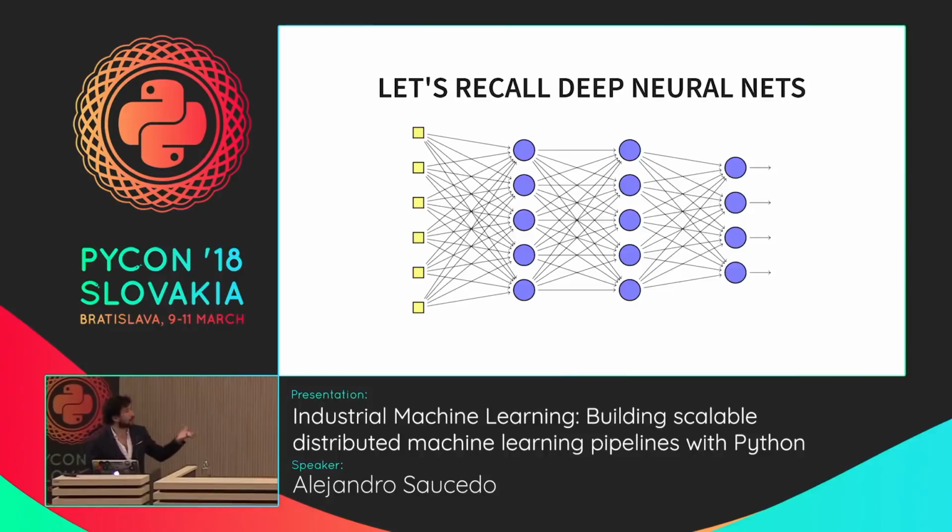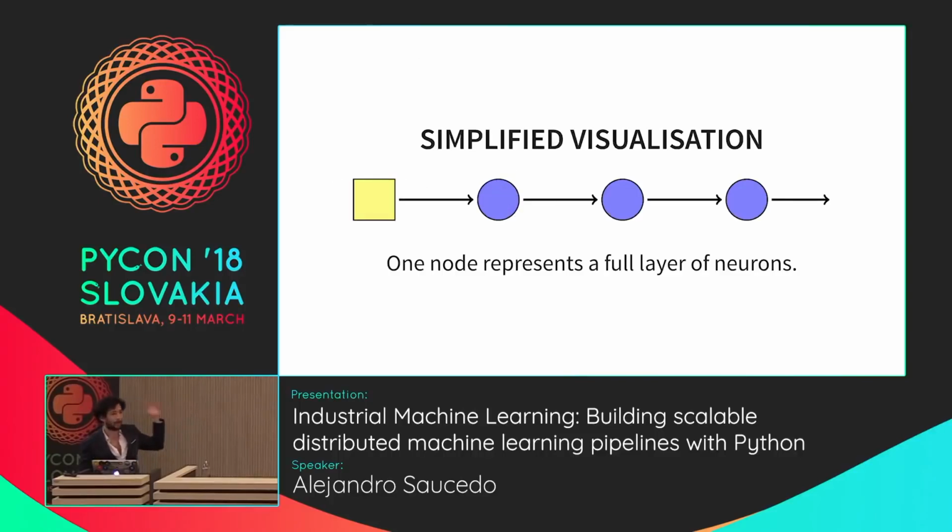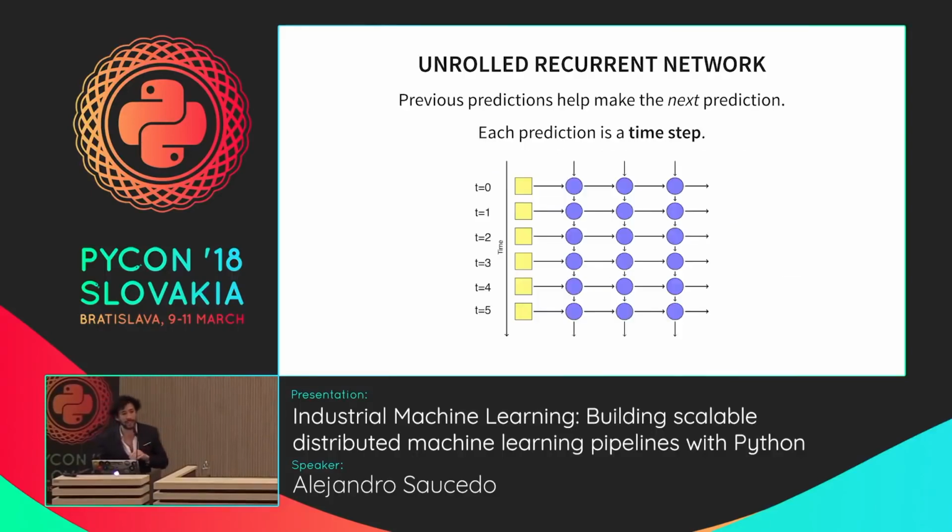And let's recall the diagram that I showed for the neural networks. To visualize recurrent neural networks, let's imagine this and simplify it. All of that, we're gonna squish it and see it as this linear thing. So that thing that we saw with all of the layers, we're just going to simplify it into an individual one-node representation.